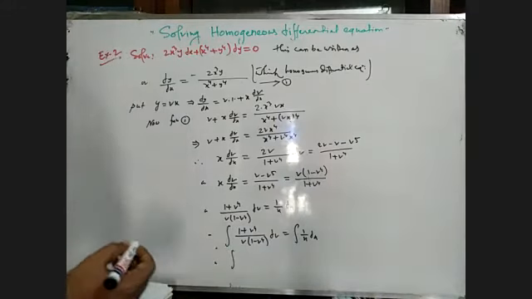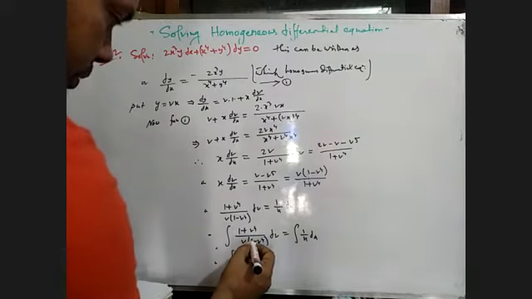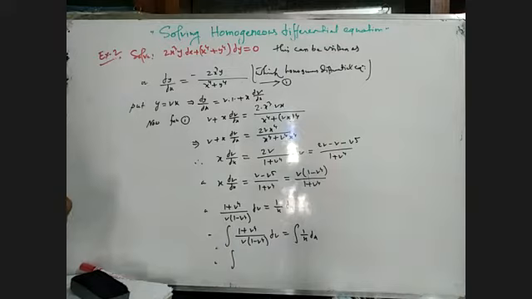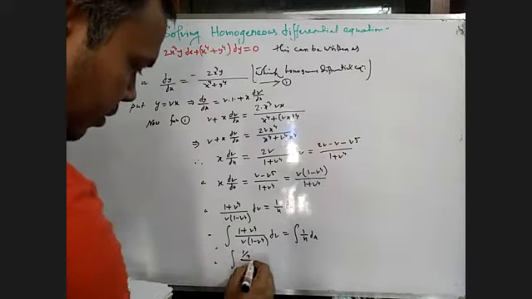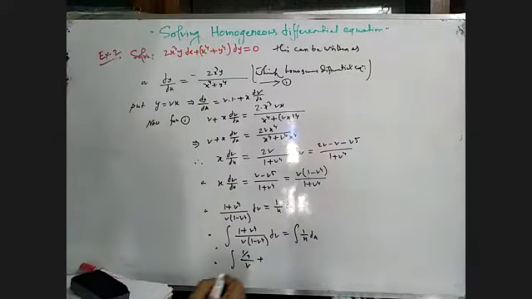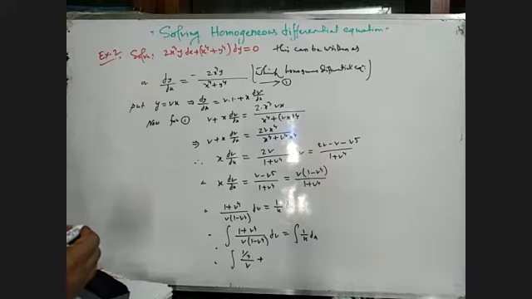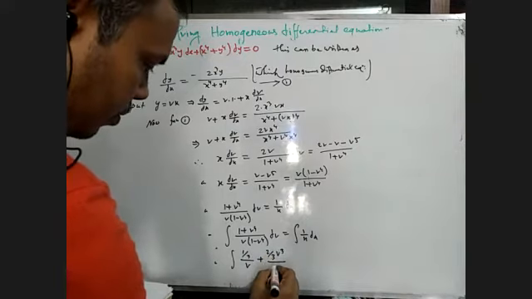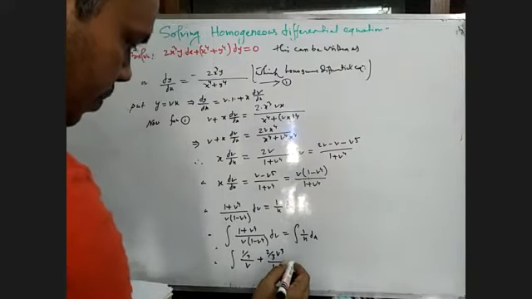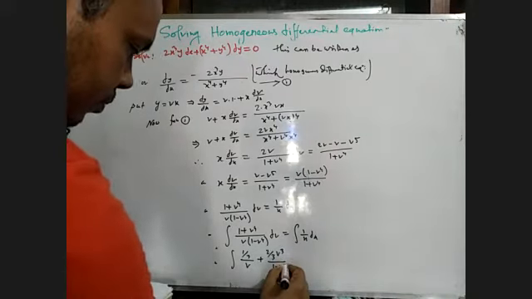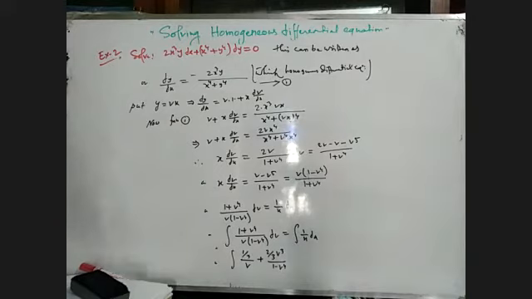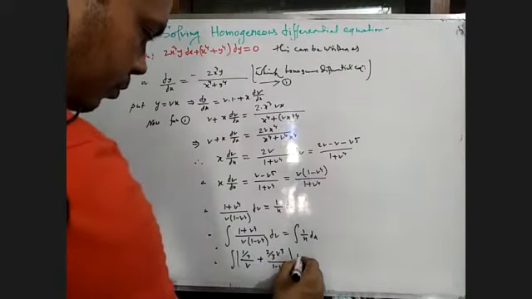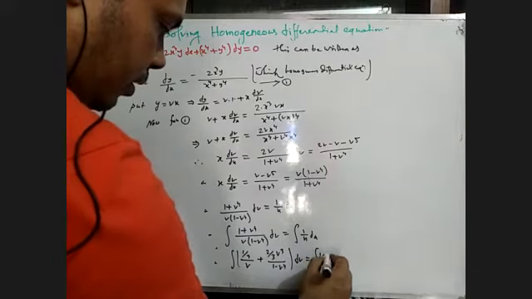If b equals to 0, by using partial fraction, we can write 1 by b plus 2 by 3... 2 by 3 b cube divided by 1 minus b to the power 4, equals 1 by x dx.